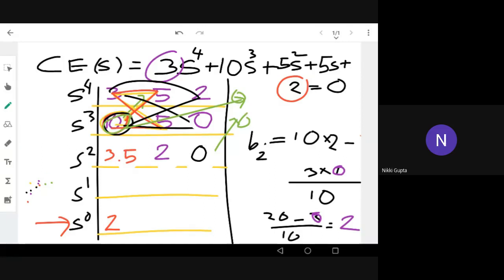Now what about this C? After B comes C, so the C1, C2, C3 row. What's the value of C1, C2, C3? Same procedure will continue.